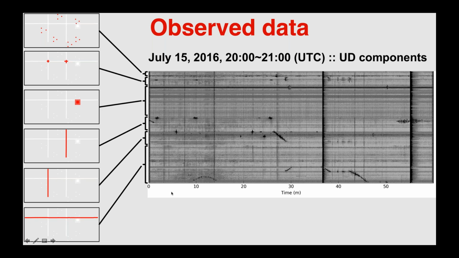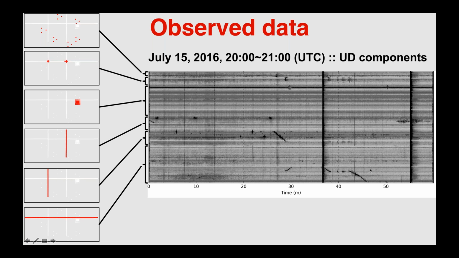The horizontal component is time. Then we can see many interesting signals, like vertical black lines, all related to earthquake events, and also some other noises.